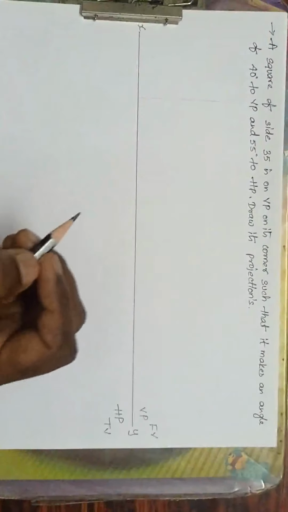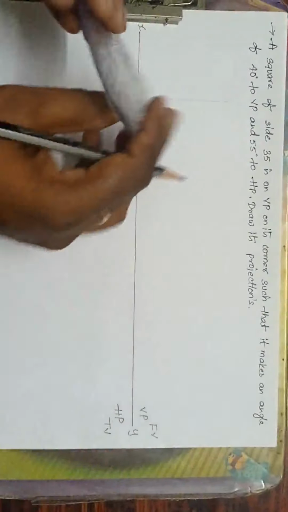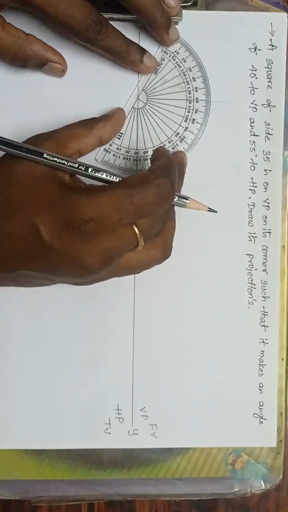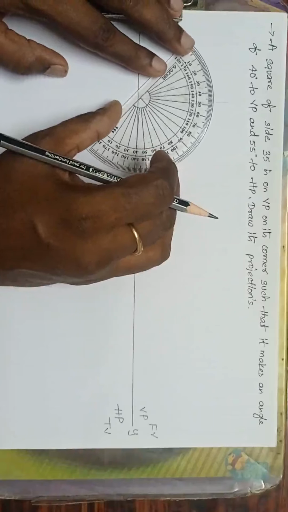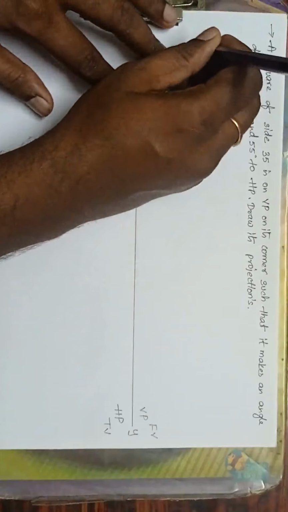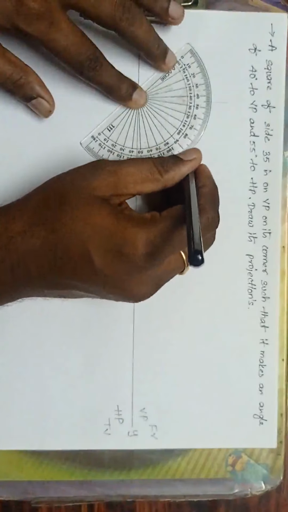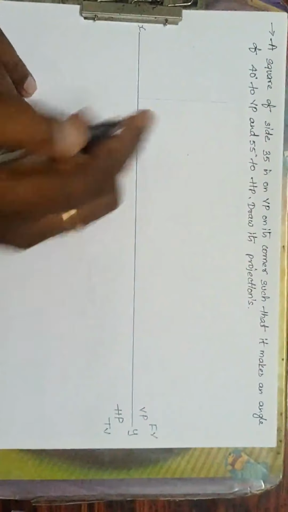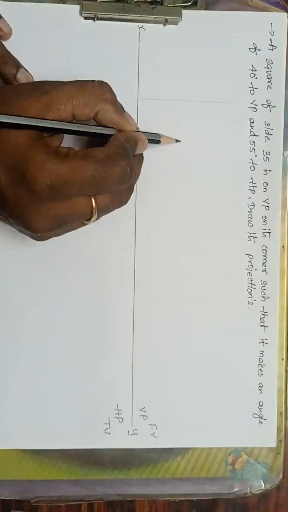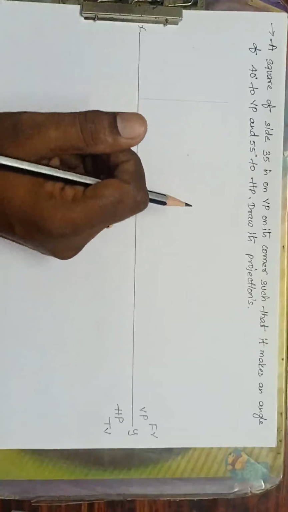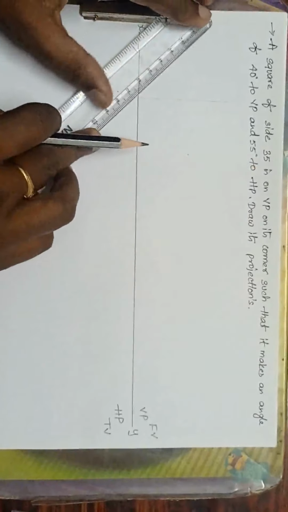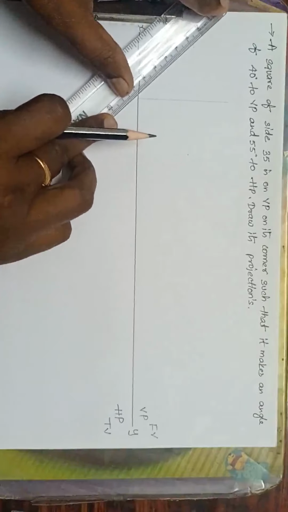So what I'll do here is, I'll take 45 degrees on both the sides. Okay, 45 degrees and here 45 degrees like this. This angle is 45 and this angle is 45. Now I know the length, how much? 35 mm. So I'll draw the 35 mm length.